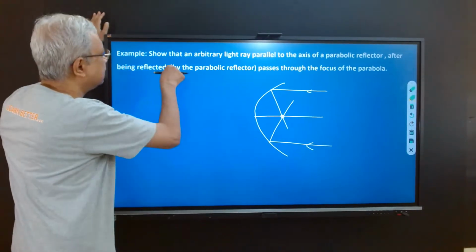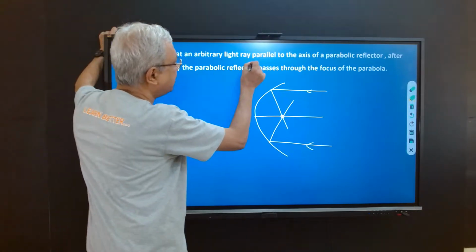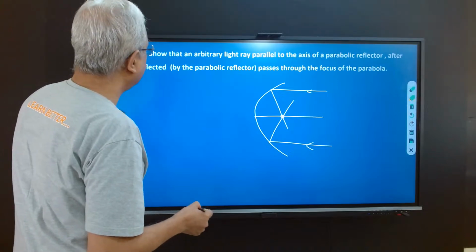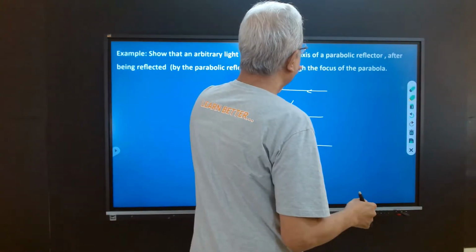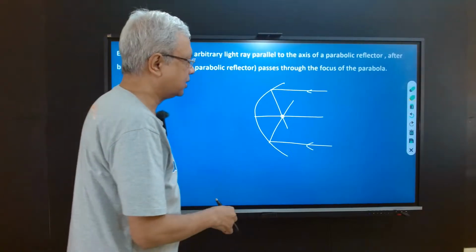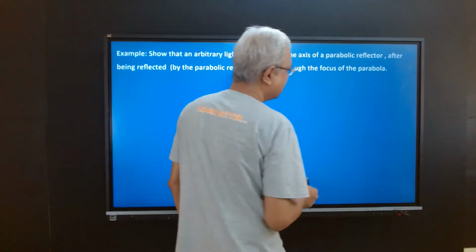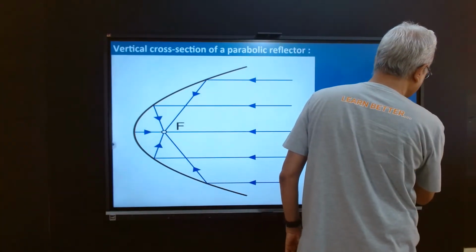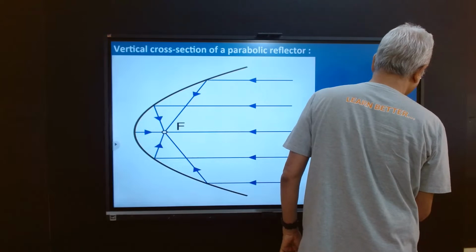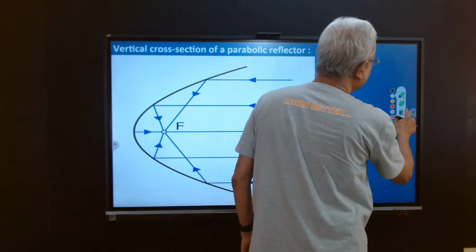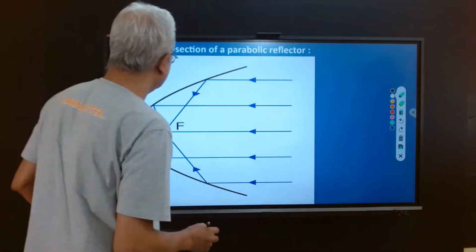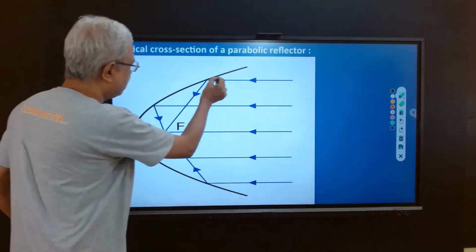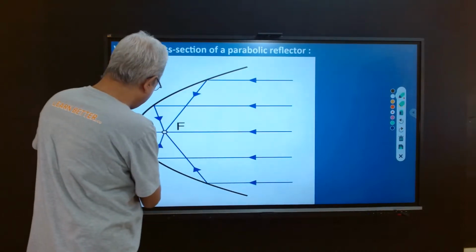Here, actually, this problem shows that an arbitrary light ray parallel to the axis of a parabolic reflector, after being reflected by the parabolic reflector, passes through the focus of the parabola. So let us look at this diagram. This is a parabolic reflector, and this is the axis of the parabola.